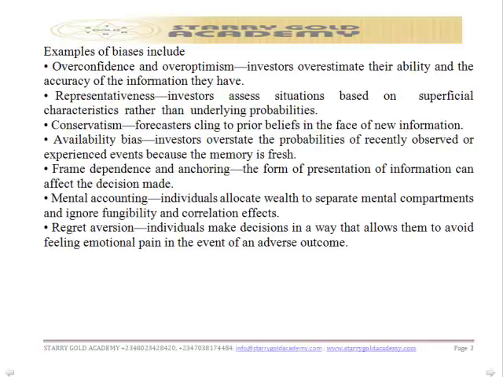Now, there are different examples of biases, as behavioral finance is about behavioral biases. What are the fields of these biases? We have overconfidence and over-optimism, which indicates that investors overestimate the ability and accuracy of the information they have. We have representativeness, which says that investors assess situations based on superficial characteristics rather than underlying probabilities.